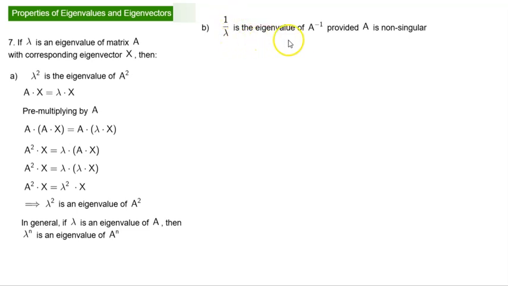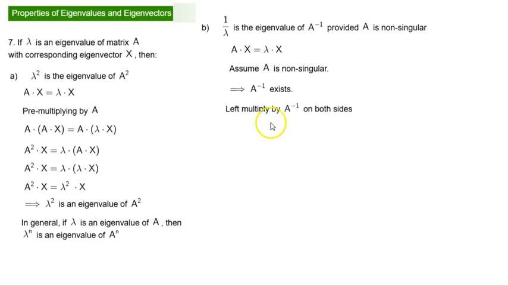Now, 1 by lambda is the eigenvalue of A inverse, provided A is non-singular. A times x equal to lambda times x. Assume A is non-singular, which implies A inverse exists. And since A inverse exists, left multiply by A inverse on both the sides.